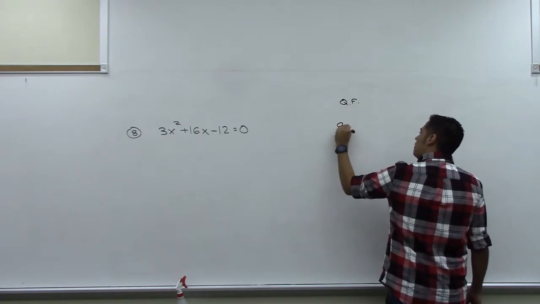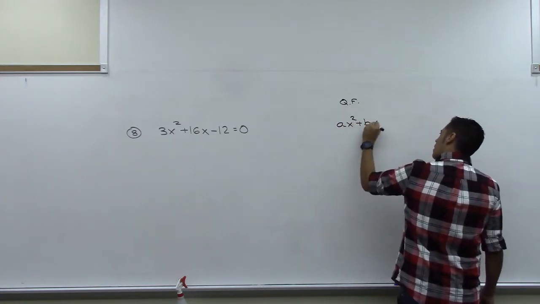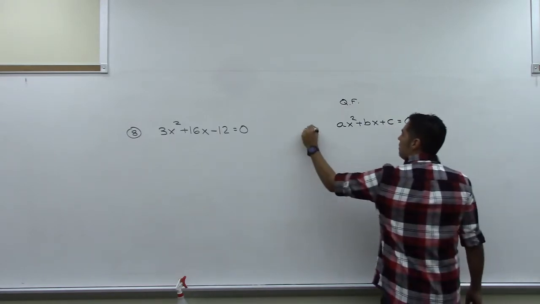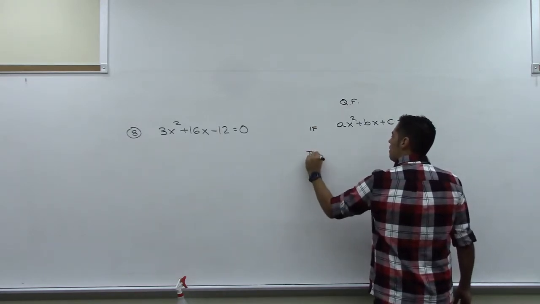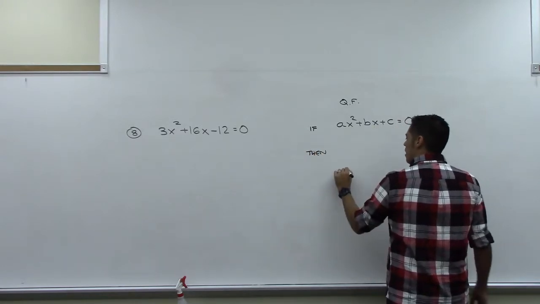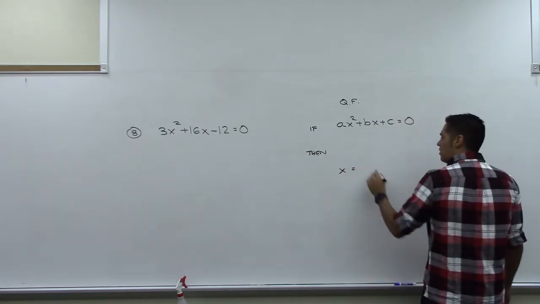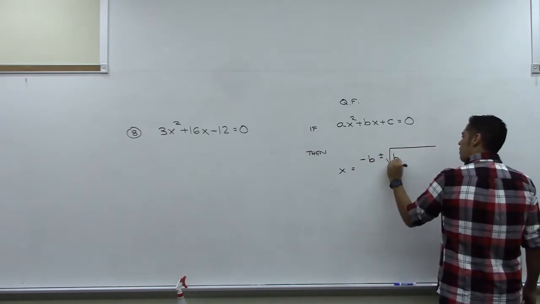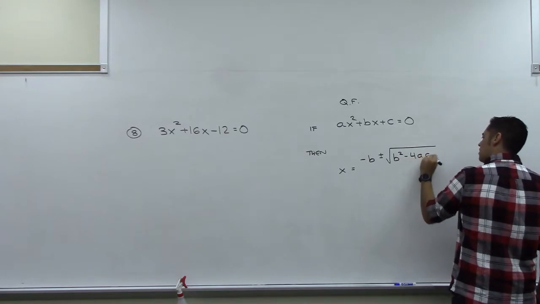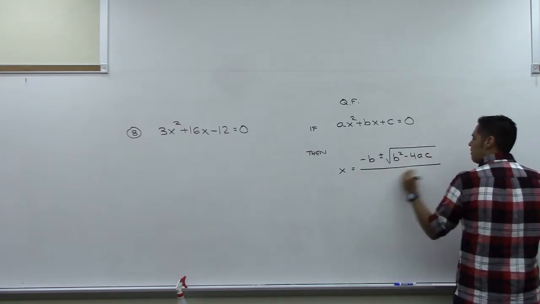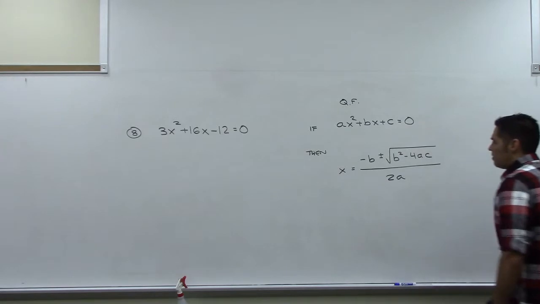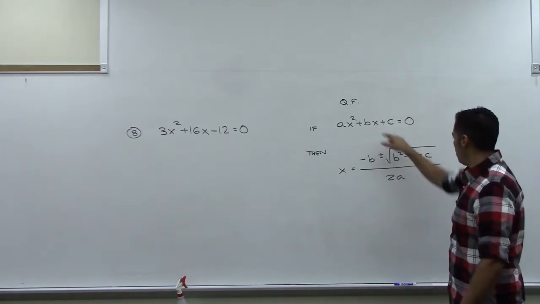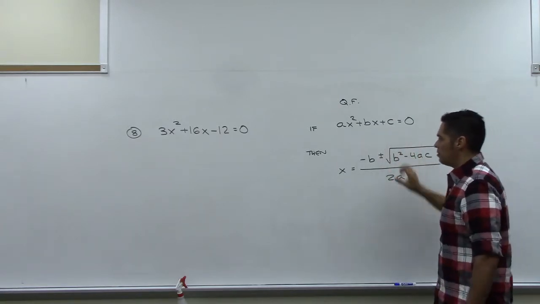It says that if you have an equation that is quadratic and looks like this, then the solutions to that equation are x equals negative b plus or minus the square root of b squared minus 4 times a times c, the entire quantity divided by 2 times a. So that's something we need to know. And all we have to do is take our numbers, plug them in, and then evaluate this expression.